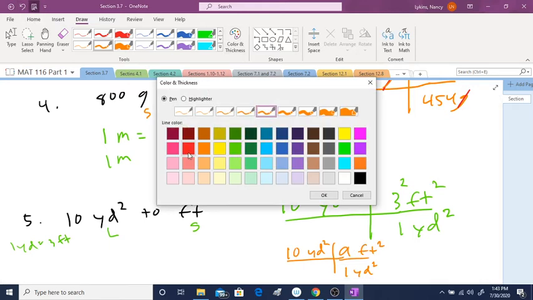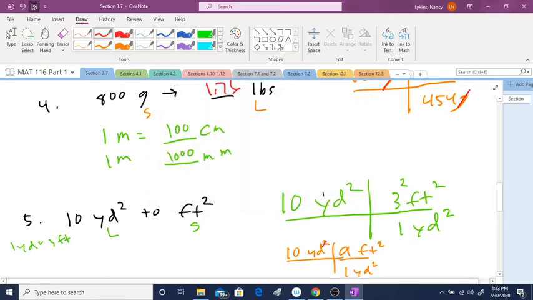And notice what happens to my yard squared. They cancel. Feet squared is what we're looking for, so you would say 10 times 9, which gives me 90 feet squared.